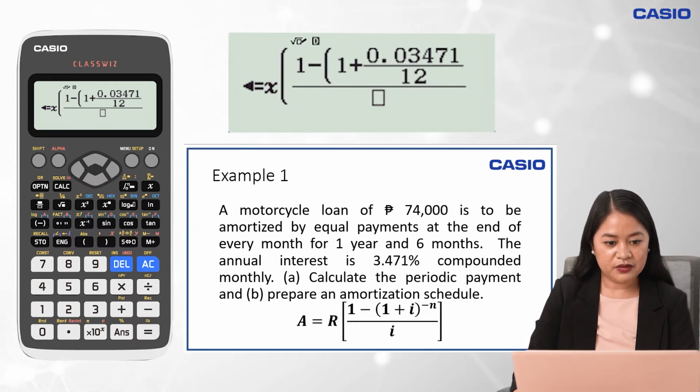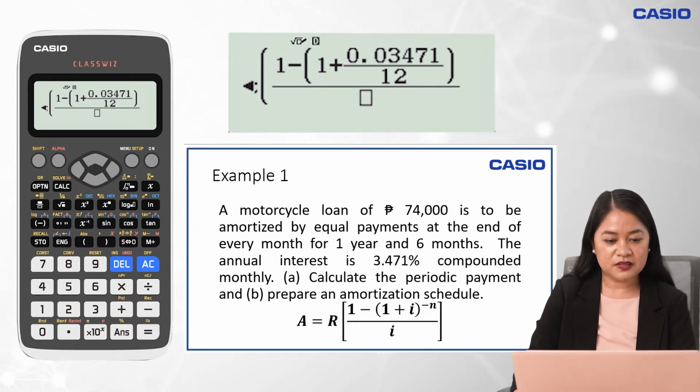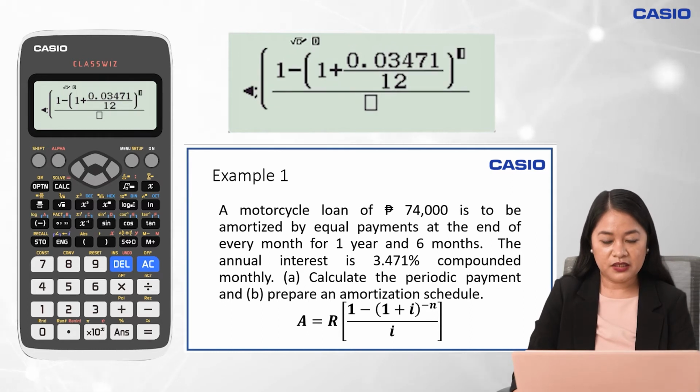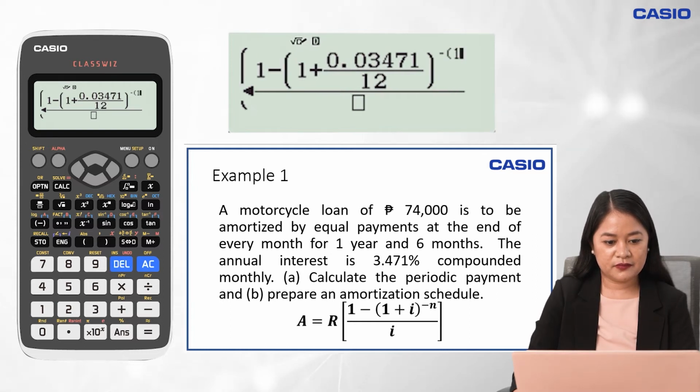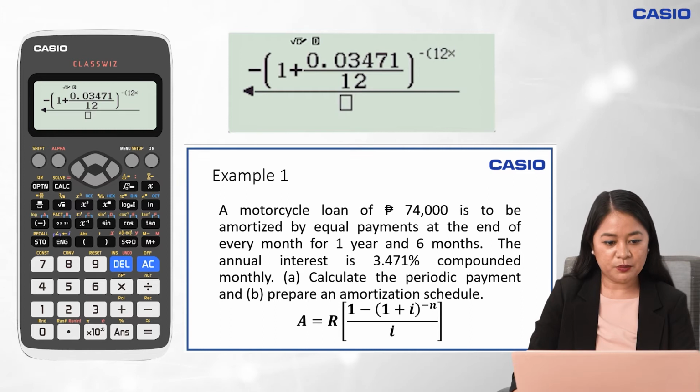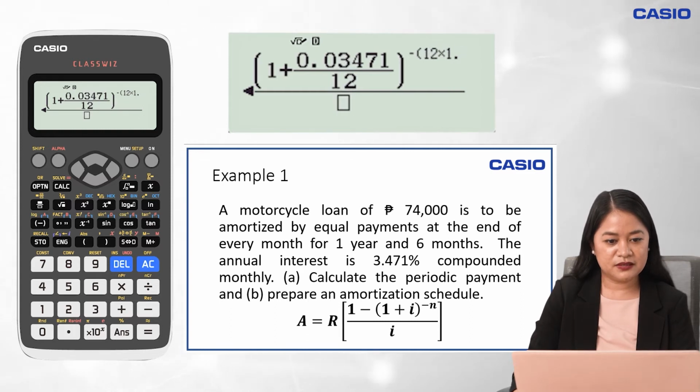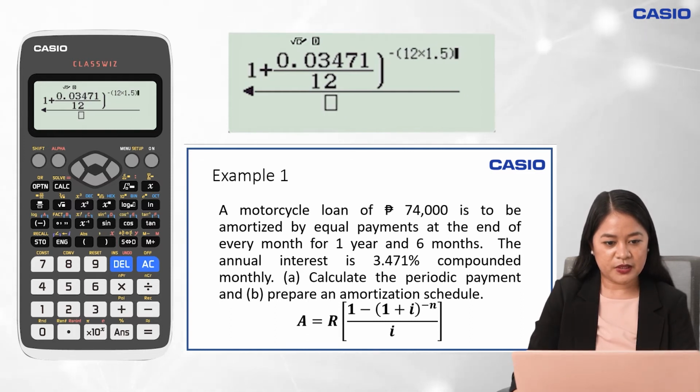Press right arrow key, close parentheses, exponent key, negative n. n is m multiplied by the period of time, that is 12 times 1.5 years. Close parentheses.